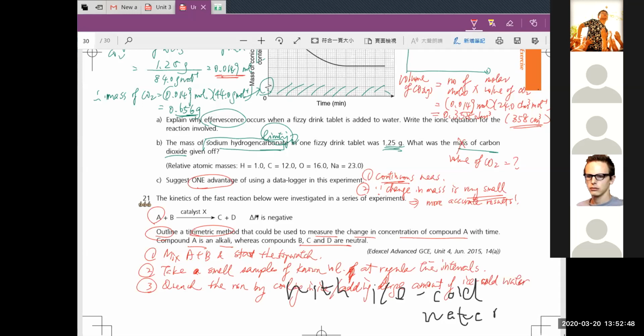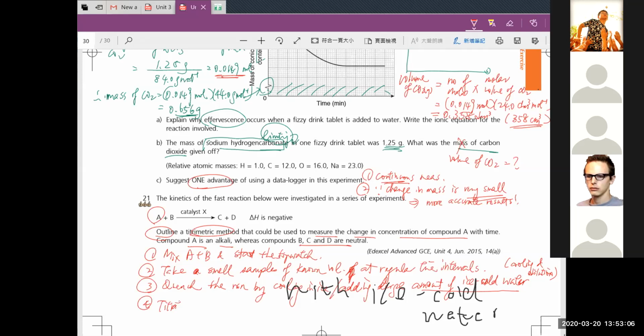So if you write down the second statement, you are going to do cooling and dilution, and this will rapidly slow down the reaction in the reaction mixture.